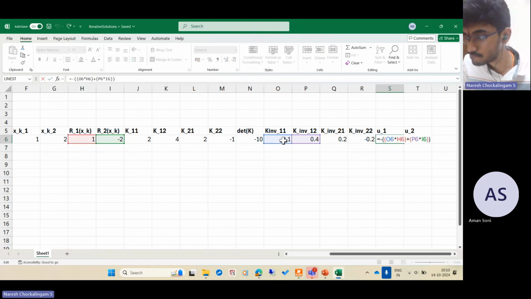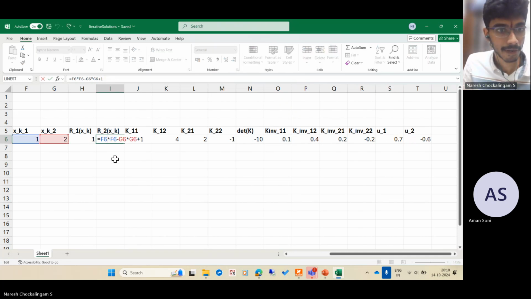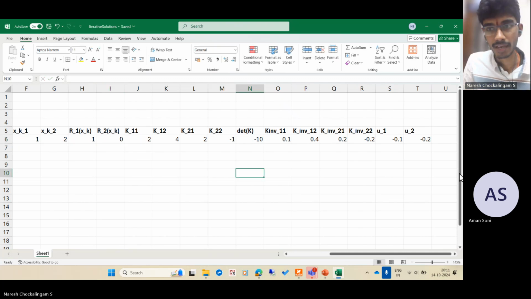Okay, let us see r. Yeah, so this is fine. This is the first iteration.